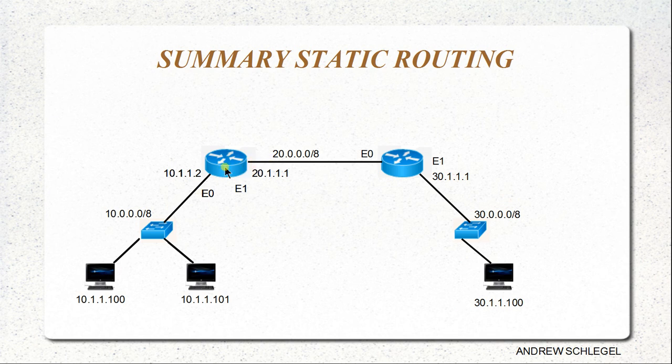So then it exits out the E1 interface, and then on this router, it knows the 30 network is connected to it, so it sends it down, and then the ping back is now going back to the 10. So when it gets up to this router, it doesn't know where the 10 is, so we have to do the same thing and enter a static IP route to get to the 10 network. So again, realize the switches are doing intelligent work here, but that's beyond the scope of this discussion.